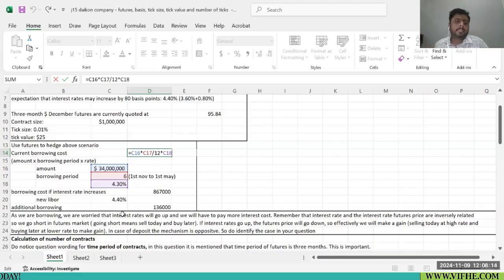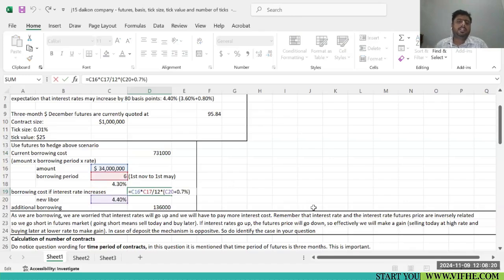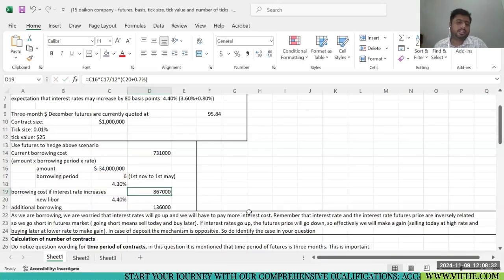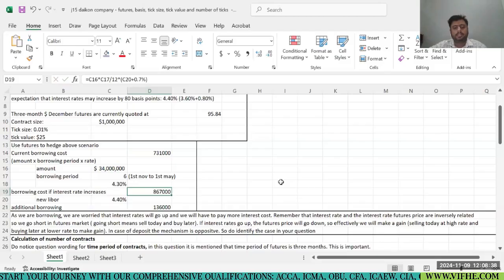Correct? Borrowing cost if interest rates increase, if interest rates become 4.4%, if your LIBOR increases by 0.8%, so you will have to pay 867,000 and the additional borrowing cost is going to be 136,000. Do you all agree with these workings?